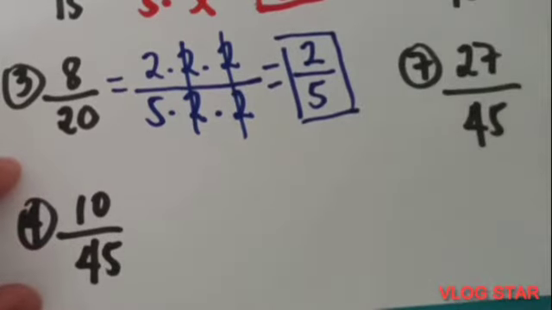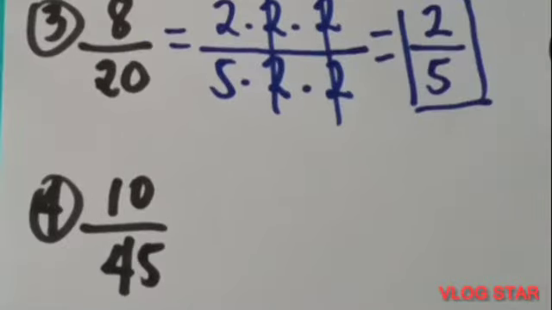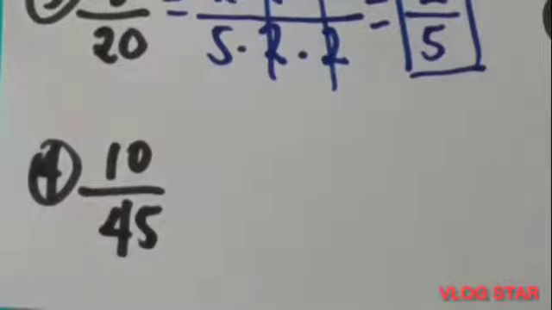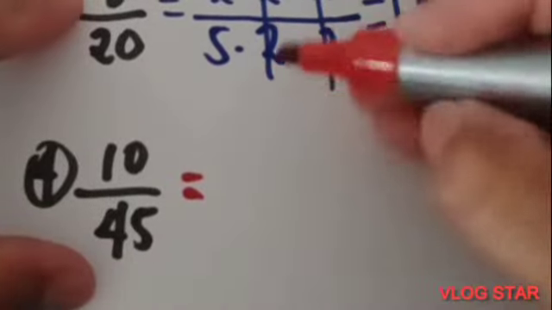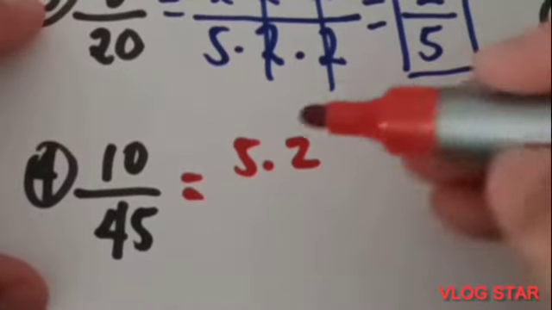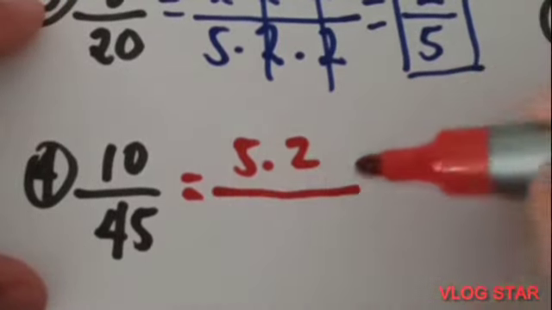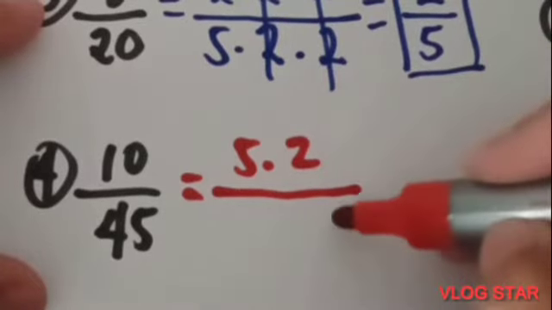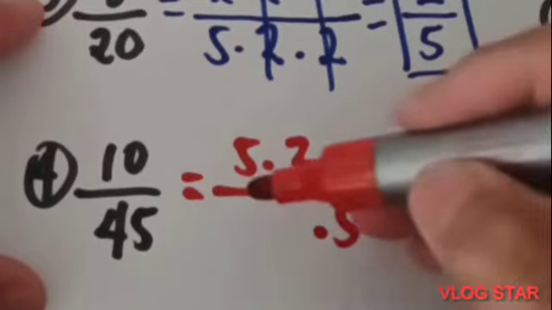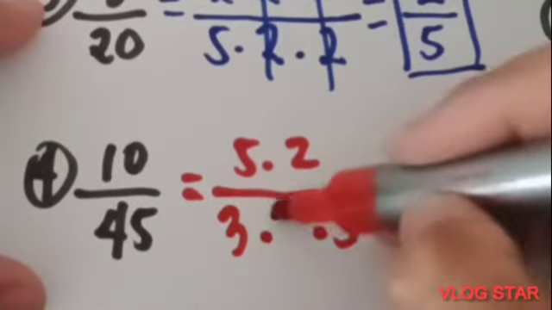2/5. Sumunod, example number 4. Mayroon tayong 10/45. So, ang 10, ang factor natin is 5 and 2. Ang 45 ay 9 and 5. So, ang 9, pwede pa natin i-factor ulit. So, 3 and 3 ang 9.